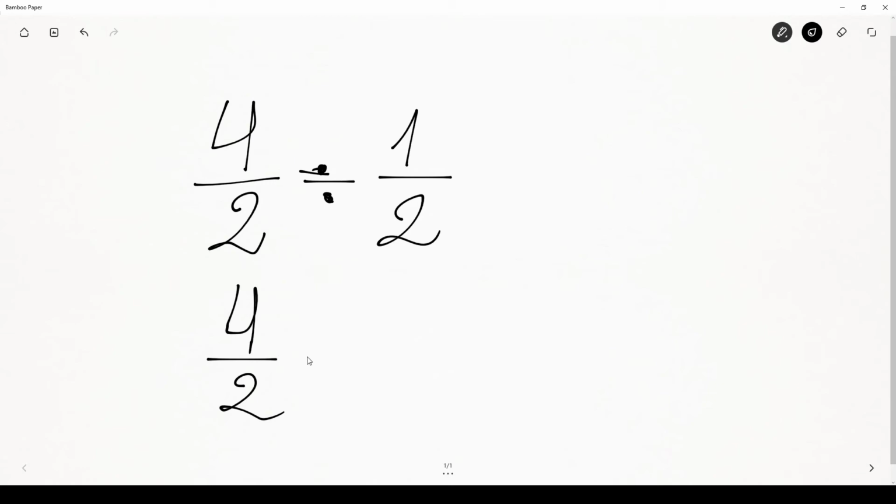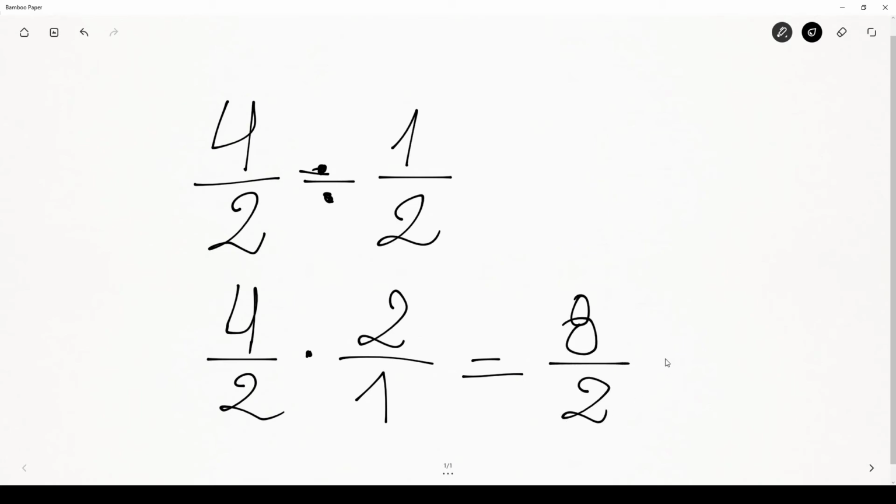We flip this and we turn it into a multiplication, so it's equal to 8 over 2, okay? We can simplify this, and 8 is divisible by 2, so we have 8 divided by 2, 4. 2 divided by 2 is 1, so this is equal to 4.